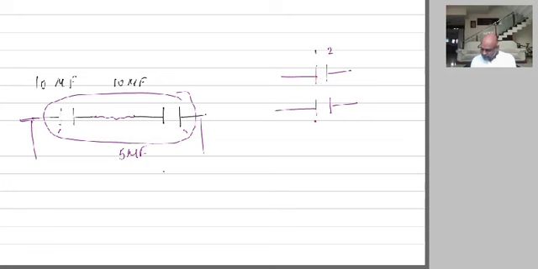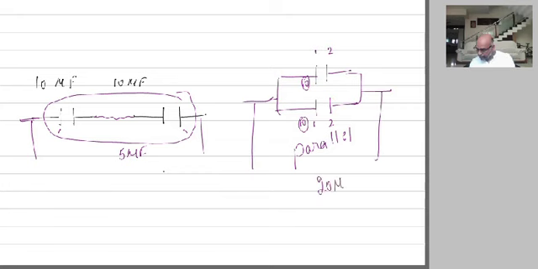That means plates 1 and 1 of both the capacitors are made common, and plates 2 and 2 of both the capacitors are made common. This kind of combination we call a parallel combination. We will understand that later. When the capacitors are connected in parallel, the total capacity becomes 20 microfarads.